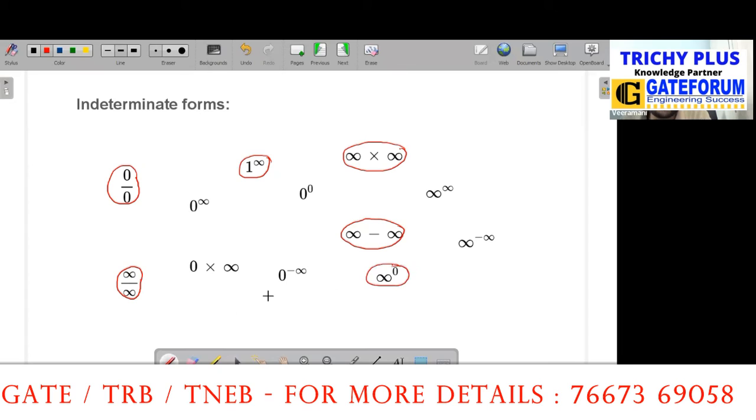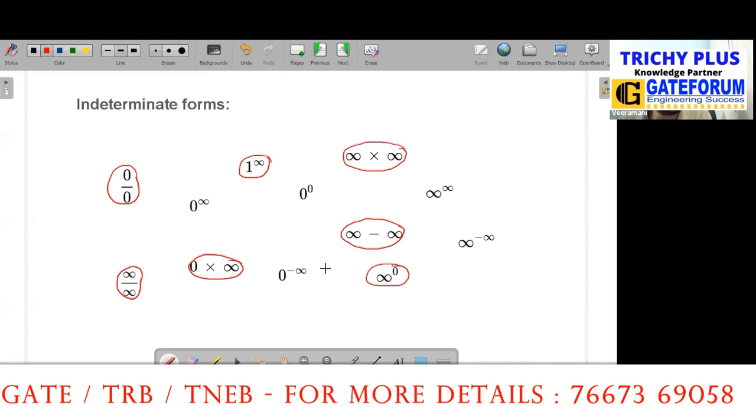So this is an indeterminate form. What else? Yeah. So this is also an indeterminate form. Okay. So take this as an assignment. See, out of these, only the ones marked are indeterminate forms. So you have to keep that in mind, and you can check why each looks like an indeterminate form. 0 power minus infinity.